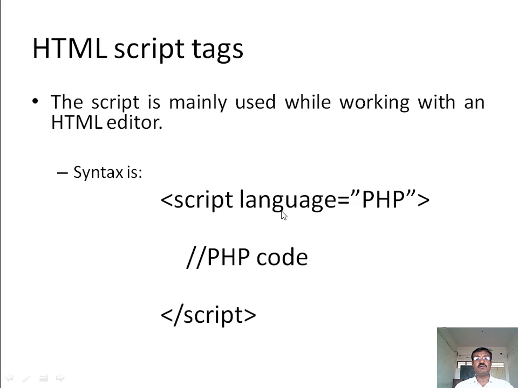That language attribute is assigned to PHP. This specifies that the language used is PHP, and it's closed with a close angular bracket, followed by your PHP code, and after placing your PHP code we end with the closing script tag.